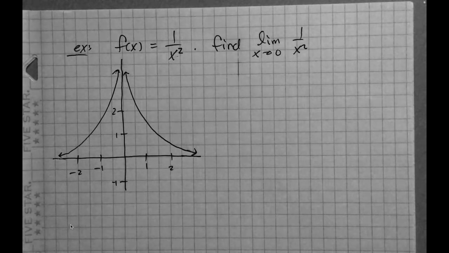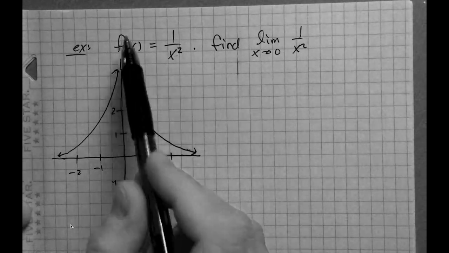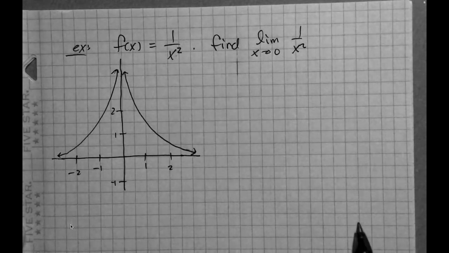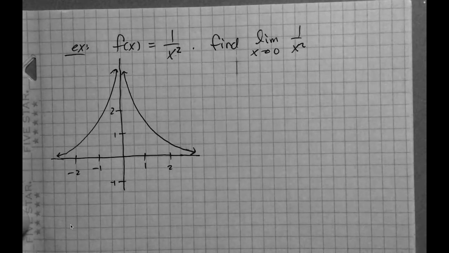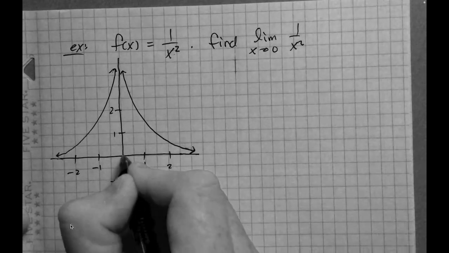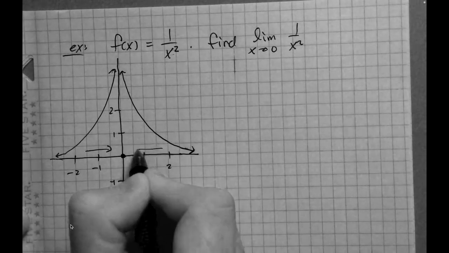At x equals 0, because you're dividing by 0 or by an extremely small number, the value of the function, 1 divided by an extremely small number, is an extremely large number. That's why the function blows up at x equals 0. So we're interested in the limit here. What happens when we approach x equals 0? Here's the limit point. What happens when we approach it from both sides?